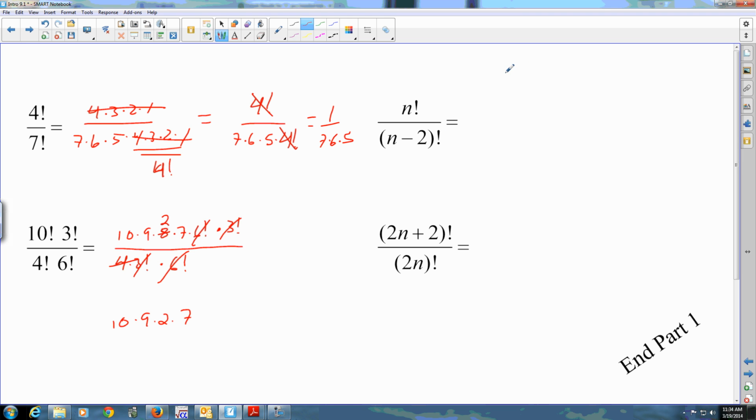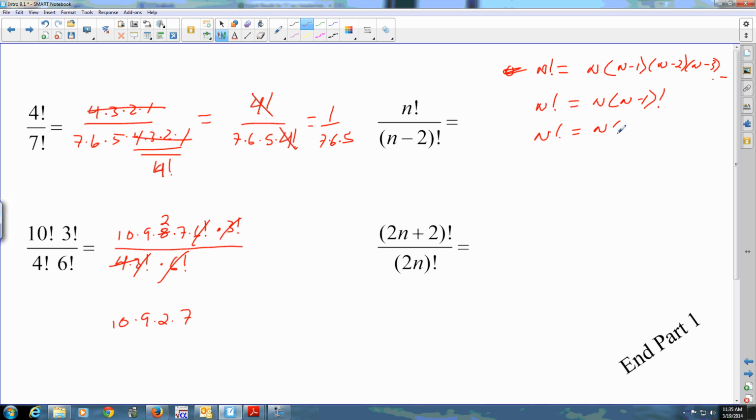So let's just look at n factorial. That's n. Then 1 less than n. Then 1 less than that. Then 1 less than that. And so on. At any point that you want to stop, you can, and put the factorial symbol back on it.